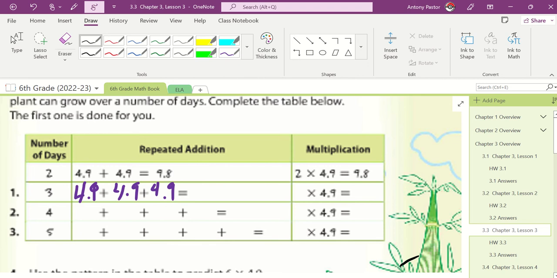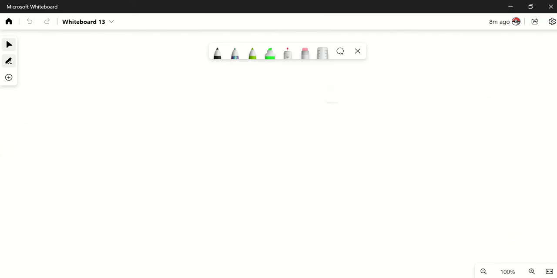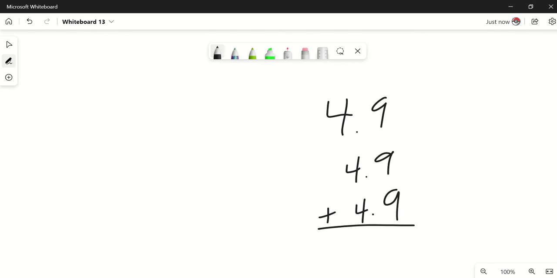And we're going to go ahead and use our digital whiteboard elsewhere. 4.9, 4.9, and 4.9. We line up the decimals as we learned last lesson, and we're going to add 9 plus 9 plus 9, or 3 times 9, I should know, is 27. Carry the 2, bring down the decimal. 4 plus 4 plus 4, or 3 times 4, is 12, plus the 2 will make this 14. So I have a total of 14.7.